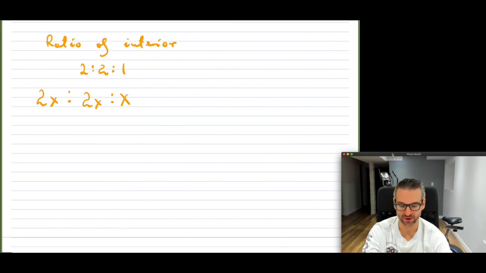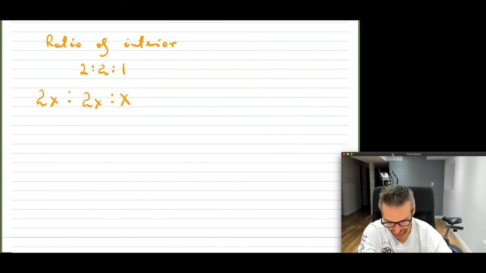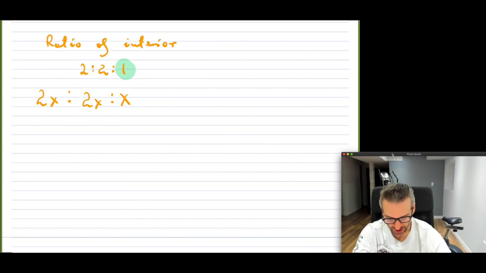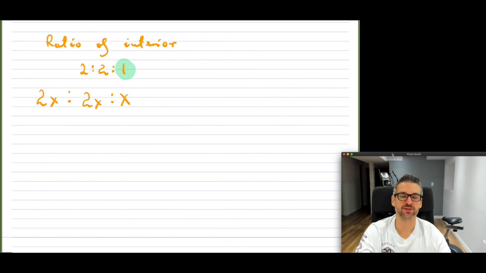Now it doesn't really matter the order, right? So these are my interior angles. From interior angles, I know that the angles of the interior of a triangle add up to 180 degrees.